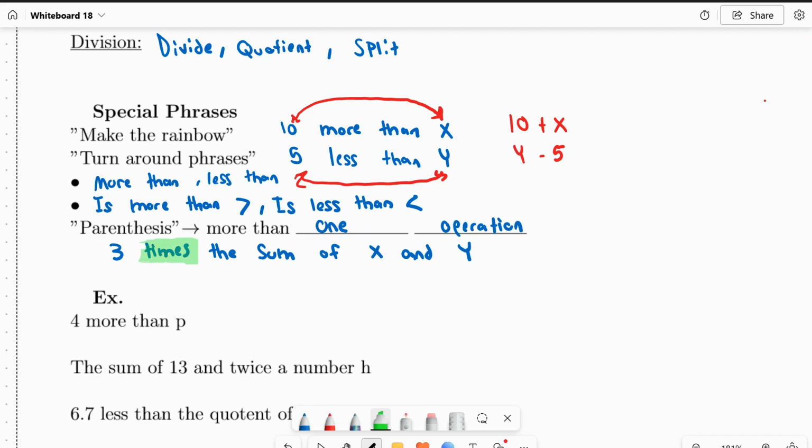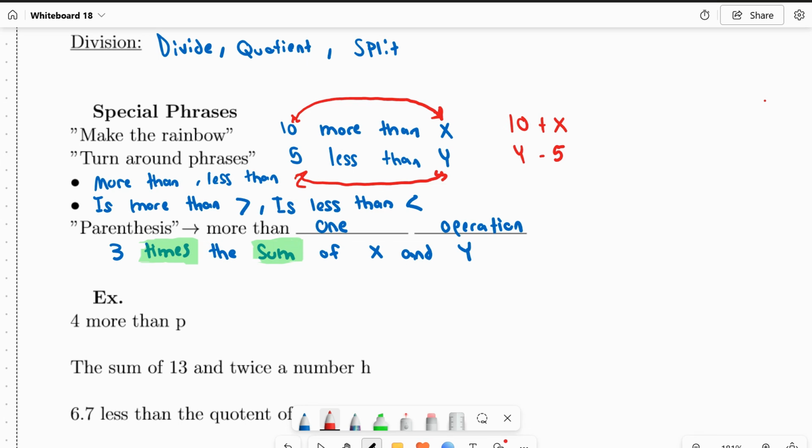So the first one I see is we have times and we have sum. So when you have more than one operation, you will want to work right to left, so the opposite of how you read it. So working right to left, sum is our first operation. So the sum occurs between x and y.